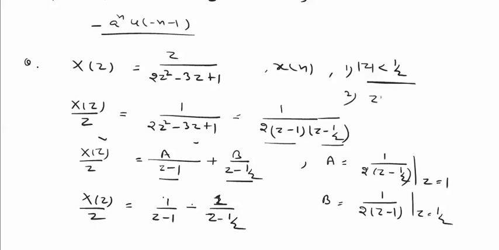In question number 2 we have ROC greater than 1. For the two ROCs we want to generate the inverse of X(z). Now X(z) is finally z upon z minus 1 minus z upon z minus half.